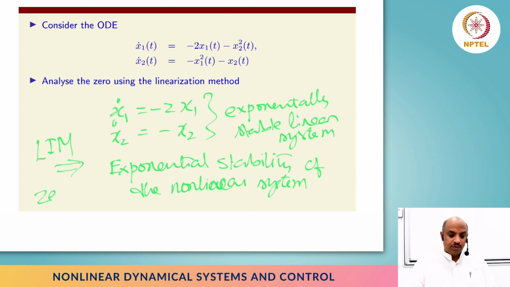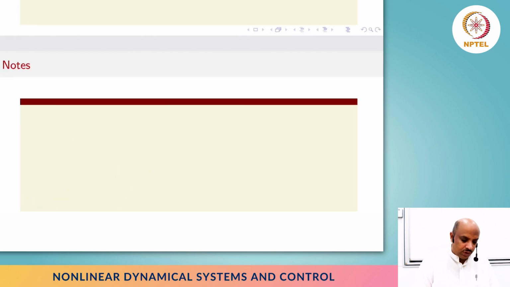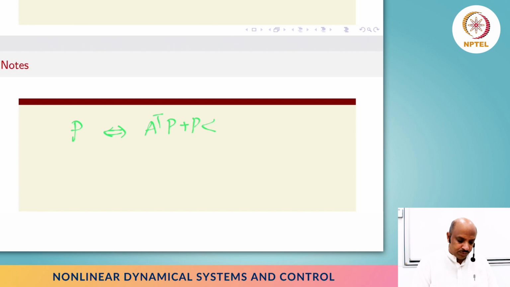And this is going to be very local. Then pick some P that gives us A transpose P plus PA less than 0. I don't mean equivalent, P that satisfies.